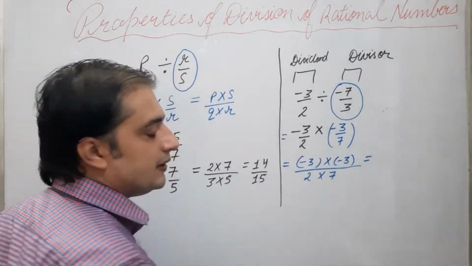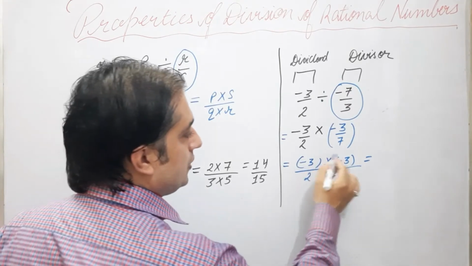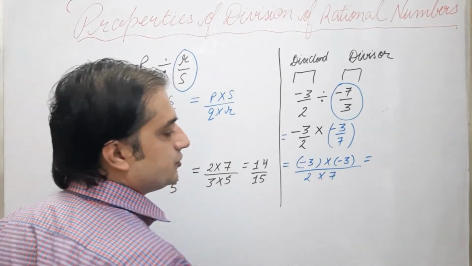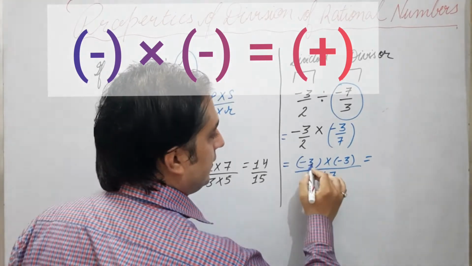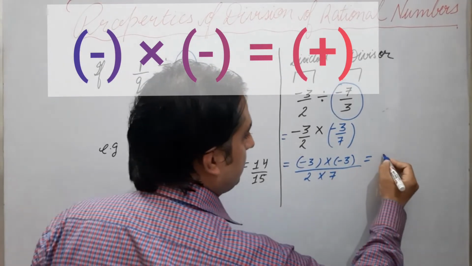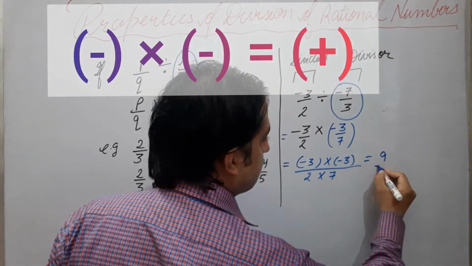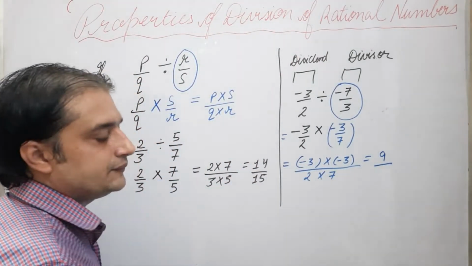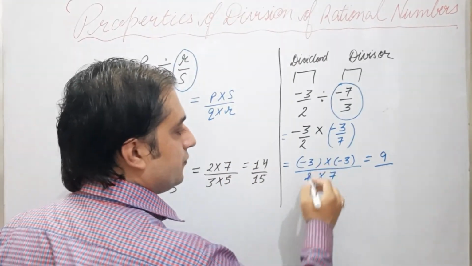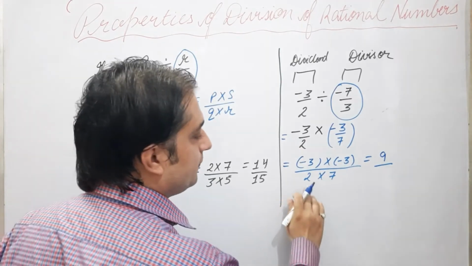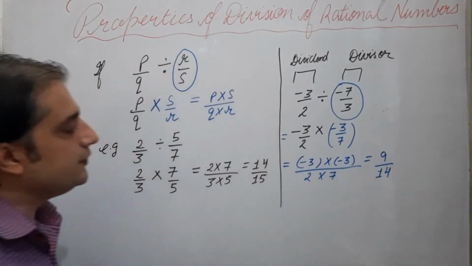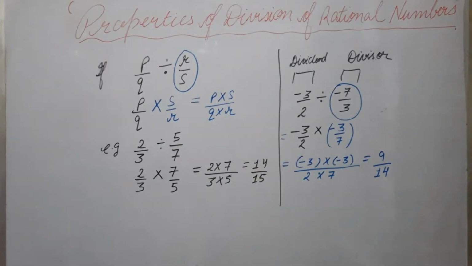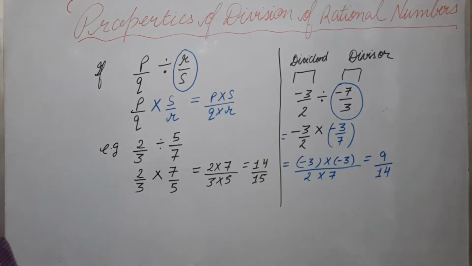The product of two numbers with the same sign is positive. So minus 3 times minus 3 becomes plus 9, and 2 multiplied by 7 is 14. So this is the division of two rational numbers.